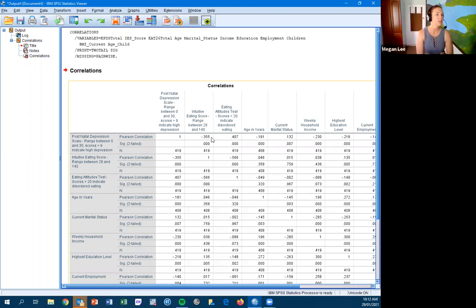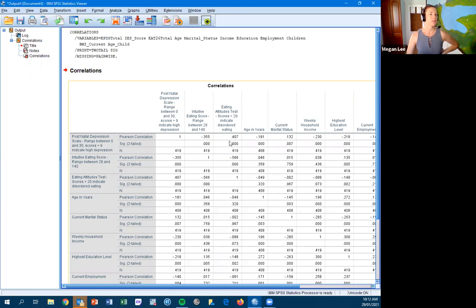And the strength of our relationship, 0.355, is about a moderate relationship. Anything less than kind of 0.2 is very weak, 0.3 to 0.5 is a moderate relationship, and anything greater than 0.5 is considered a strong relationship. So we've got a moderate relationship between intuitive eating and depression, and that's highly significant at the less than 0.001 level.